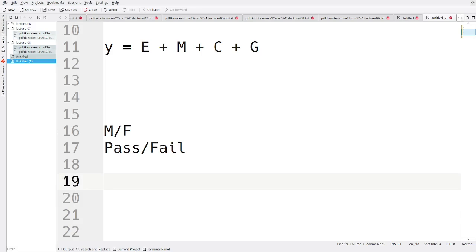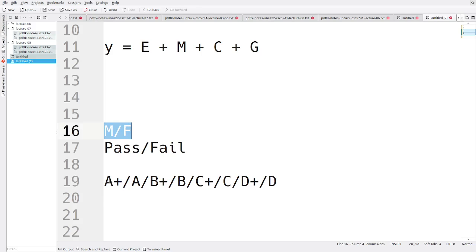A classic example from the data set we're working with is maybe you want to predict if somebody is going to get an A plus, a B plus, a B, a C plus, a C, a D plus, or a D. So in this case, we're no longer just dealing with two values, it's like multiple values.